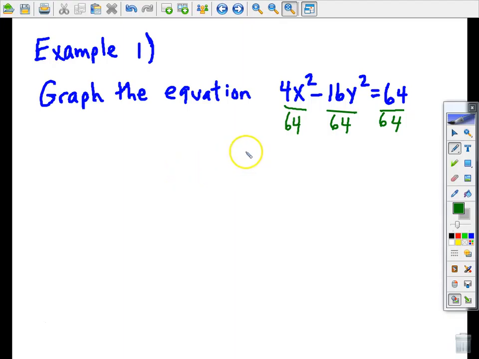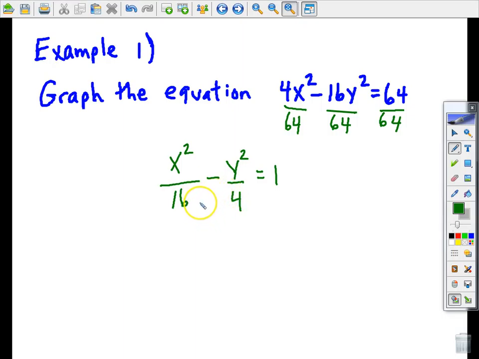So, my standard form hyperbola equation in this case is going to be x squared over 16 minus, always minus for hyperbolas, y squared over 4 equals 1. And you can put this on your graph paper if you want to. In my next slide, I'm actually going to show you how to graph this equation.